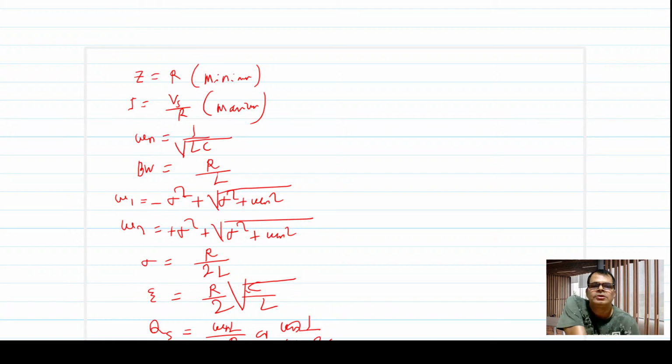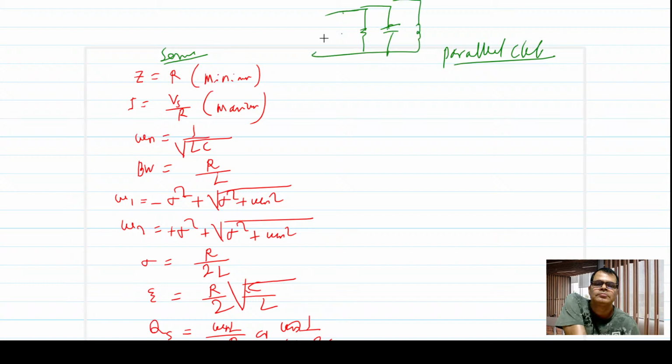You can learn parallel resonance this way. This was a series circuit, and now consider a simple parallel circuit. You can write all the terms.